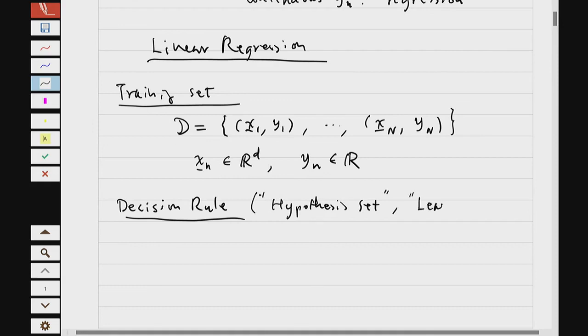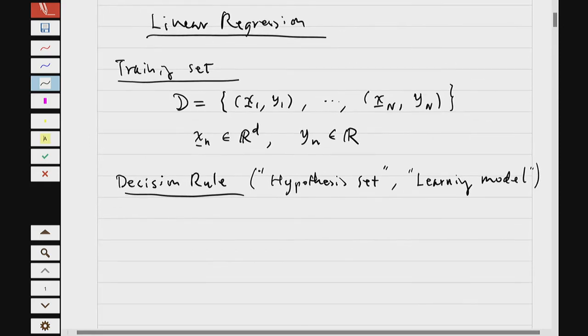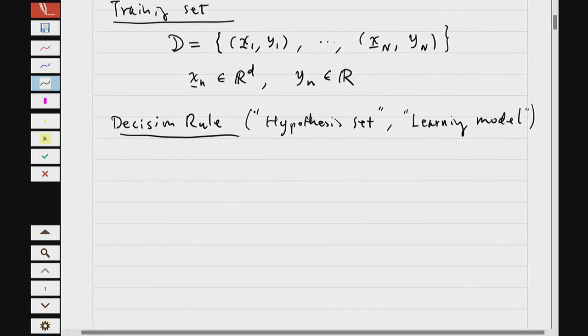It's also called the learning model very often, in the sense that you have a linear model, a quadratic model, a ninth order polynomial model, and so on. The decision rule is expressed in terms of y hat, the estimated label, which is a function of the input x, just as before.